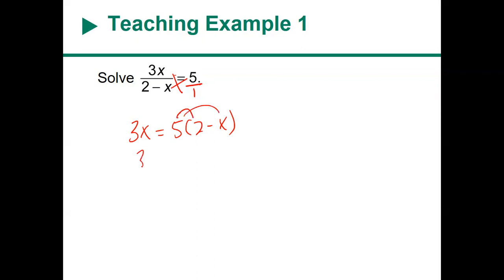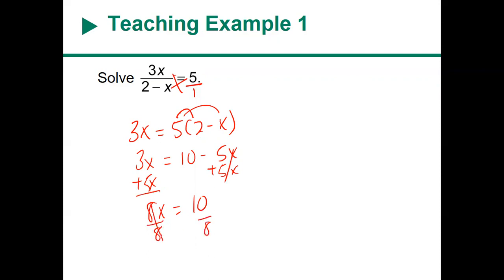And we get 3x equals 10 minus 5x. Going back to algebra 1, you want to get your variables on one side and non-variables on the other. So I'm going to add 5x. And we get 8x equals 10. And then we divide by 8. And we get that x equals 5/4.